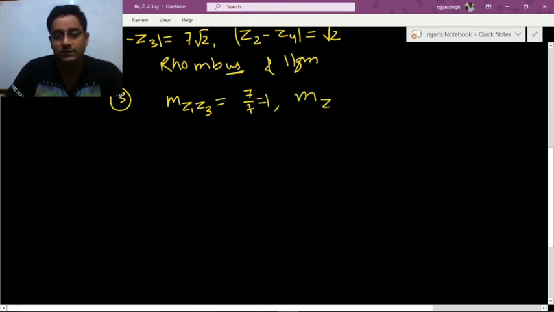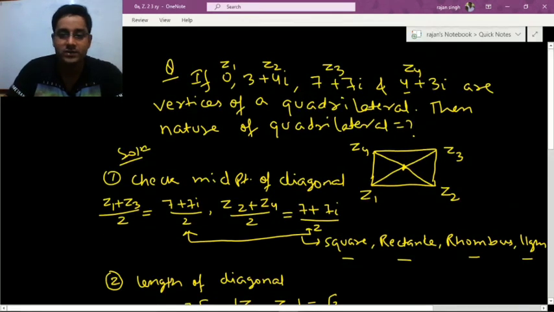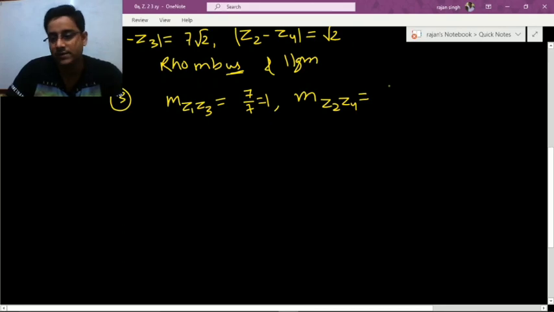Similarly, the slope of the other diagonal z2 z4 is (3 - 4)/(4 - 3), which is -1.